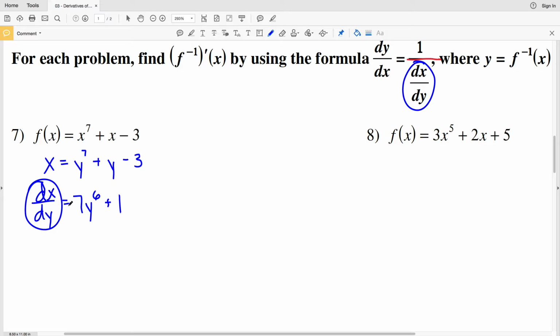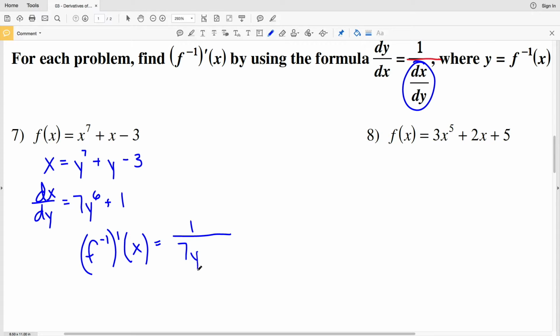So now we've solved for the derivative of x with respect to y, and if y is equal to the inverse function of x, the derivative of that inverse function of x is 1 over dx/dy. So the derivative of the inverse function of x equals 1 over dx/dy, which is 1 over 7y to the 6th plus 1.